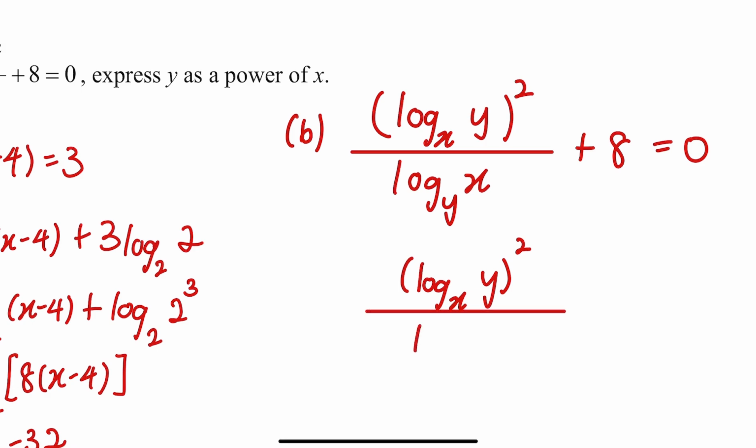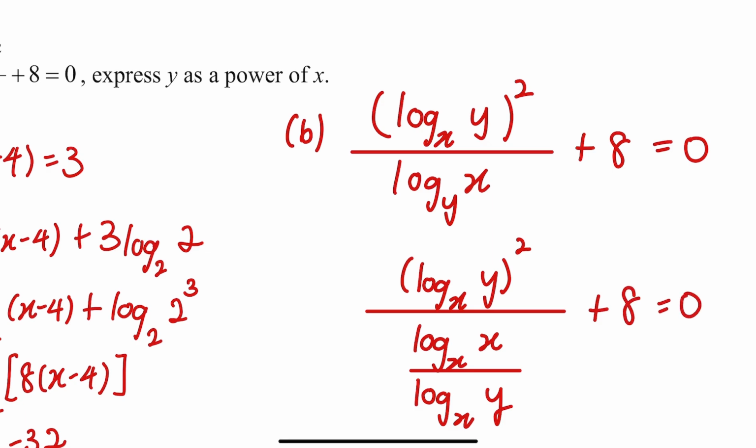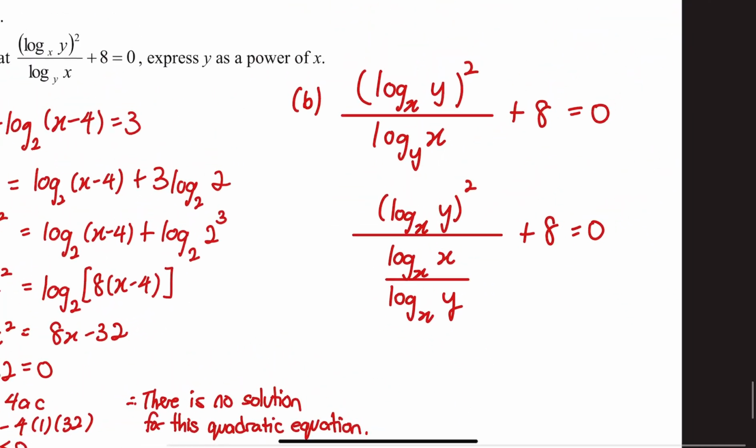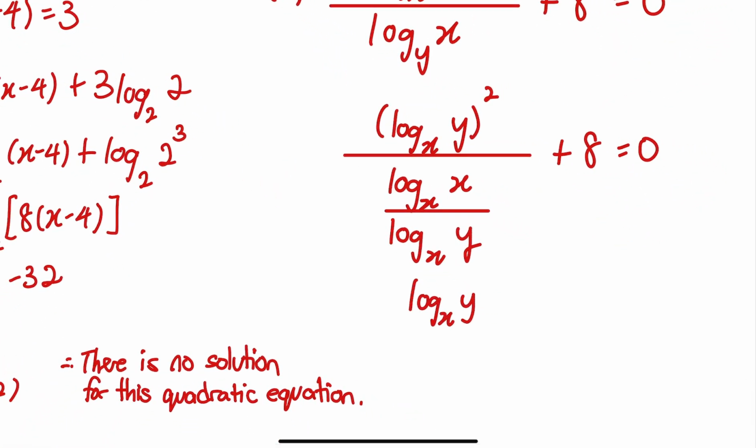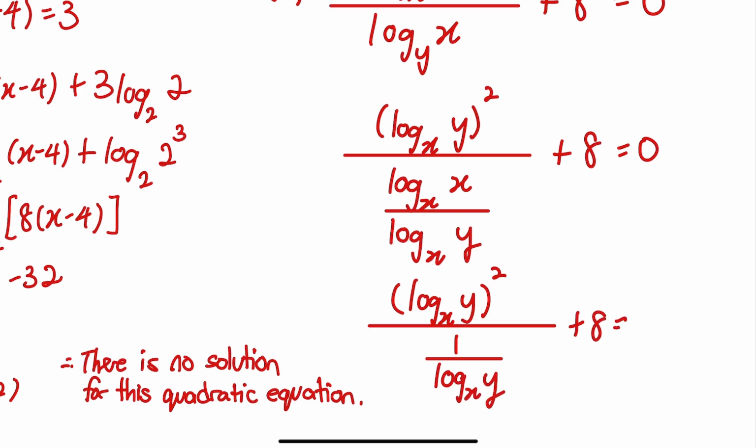So this will mean log base x of x over log base x of y, plus 8 equals 0. Therefore, log base x of y, the whole thing squared, divided by 1 over log base x of y, plus 8 equals 0.